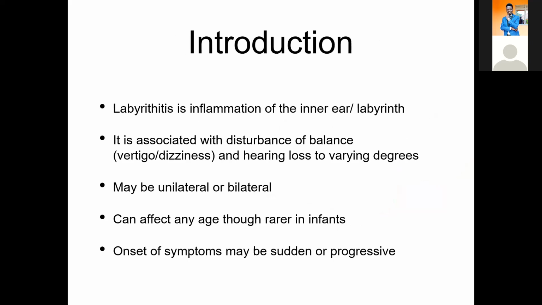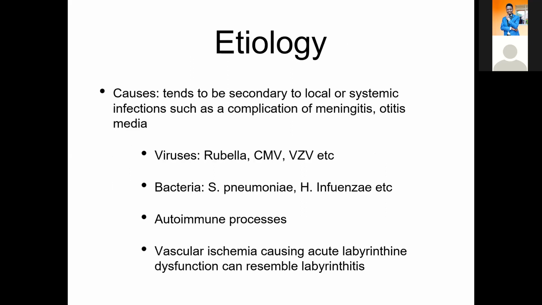It is associated with disturbance of balance, because we saw the ear is responsible for balance and hearing. Disturbance of balance is also called vertigo or dizziness. Vertigo is a spinning sensation. You feel the world is moving around, or you are moving around. And hearing loss of varying intensity, maybe unilateral or bilateral, can affect any age, but rarely infants. Onset of symptoms might be sudden or progressive.